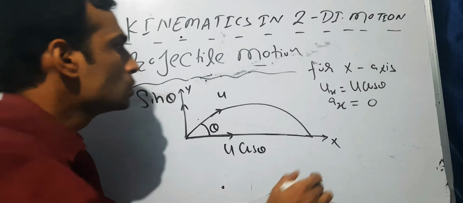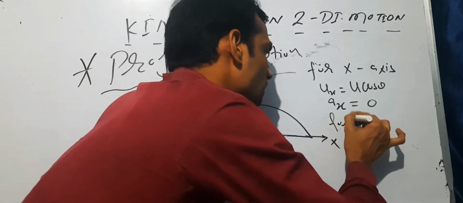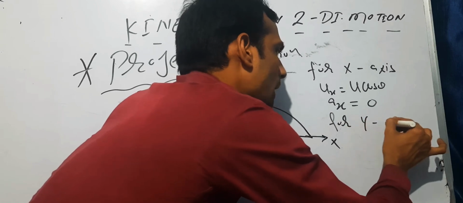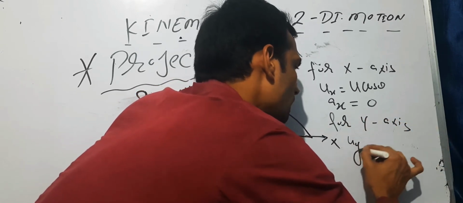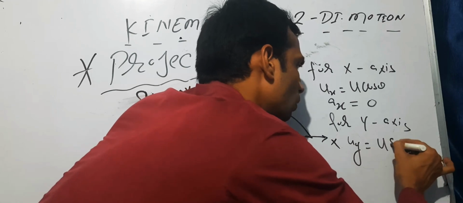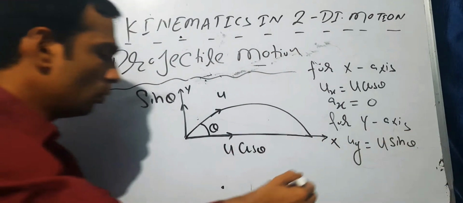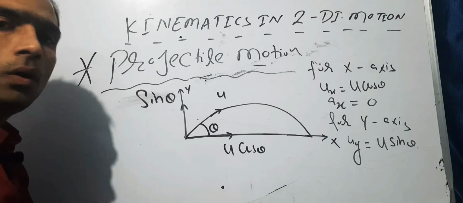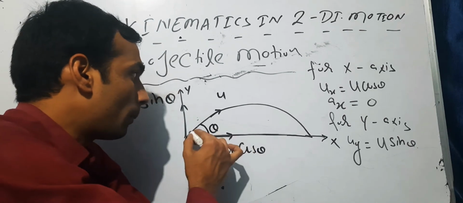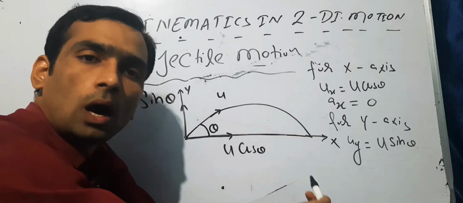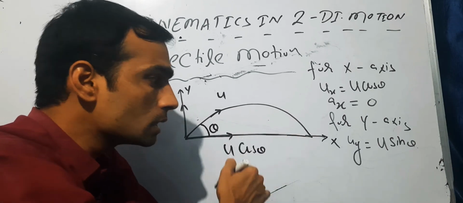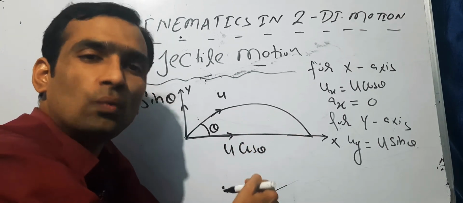Okay, fine. Now I'm going to tell about the y-axis. For the y-axis, uy is u sin theta. The movement of the particle is in the vertical direction, so the acceleration is also only in the vertical direction.